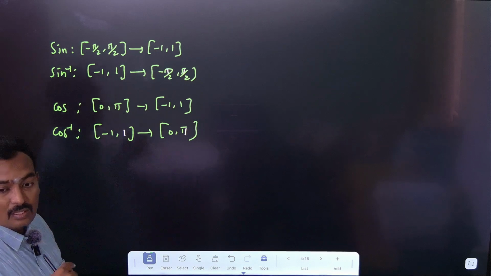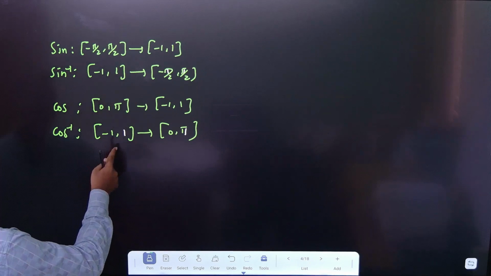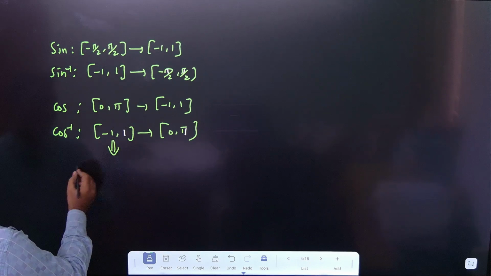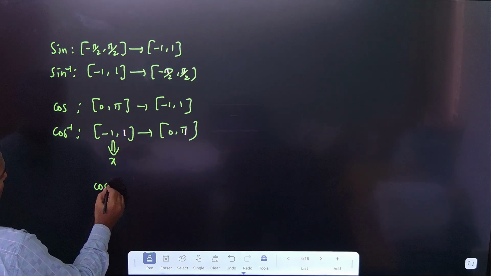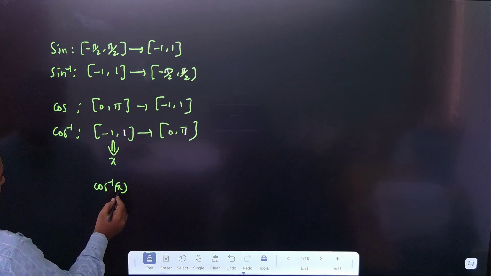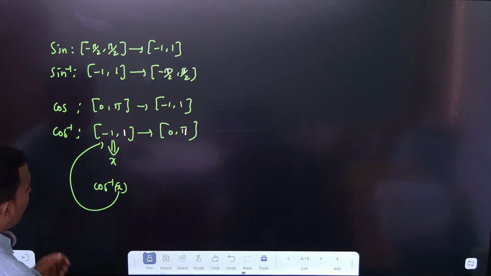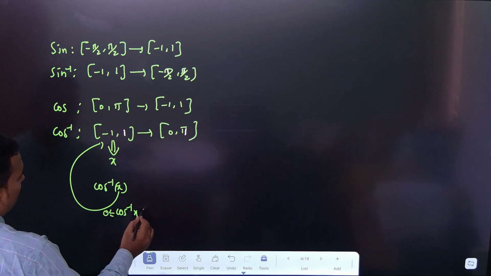Cos of something is there, x should be 0 to pi. Cos inverse of something is there. So here you have to see, if I take x here, cos inverse of x is there, that x is always minus 1 to 1, right? But when you take the range, cos inverse of x will fall in 0 to pi.